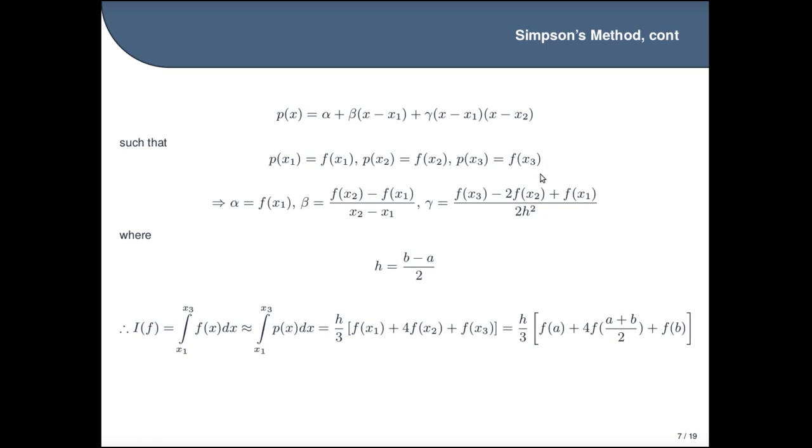We do that by setting up the following coefficients for our quadratic equation. Alpha being the value of the function at x1, beta being a composite of the values at x2 and x1, and gamma using x3, x2, and x1.